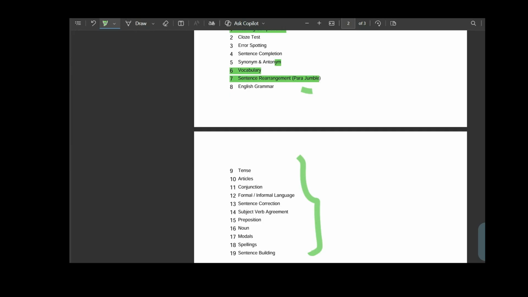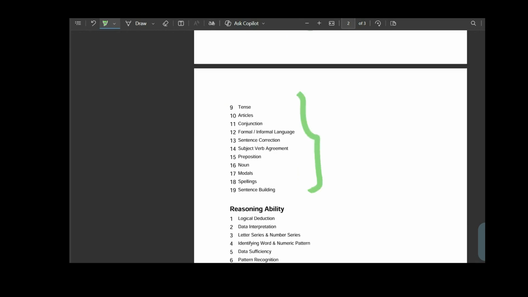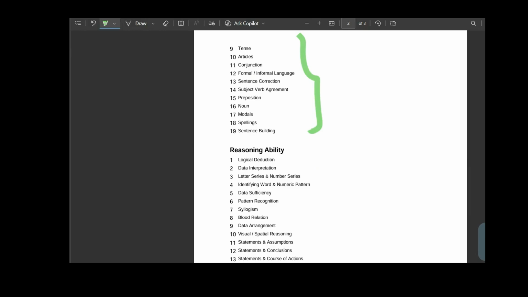Additionally, questions may involve sentence correction, subject verb agreement, spelling, and sentence construction. Overall, this section focuses on your ability to understand written English and correct grammar and vocabulary. All right, that's all about this section.